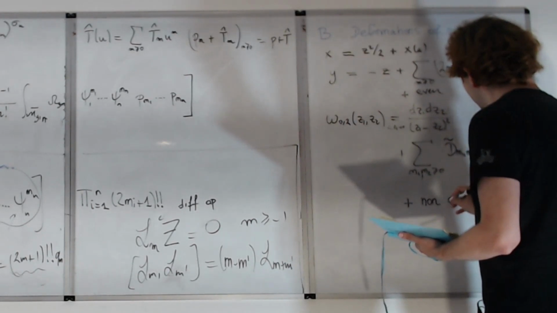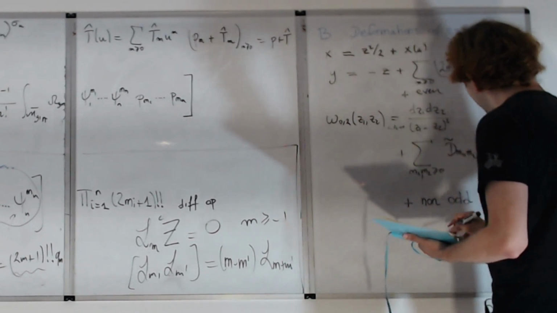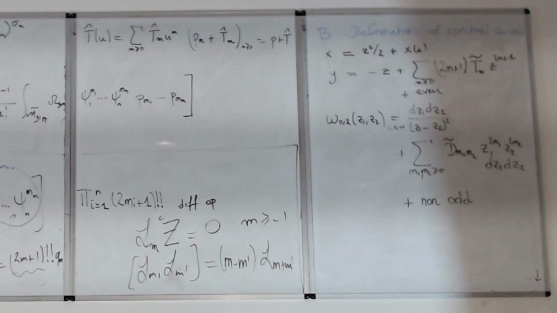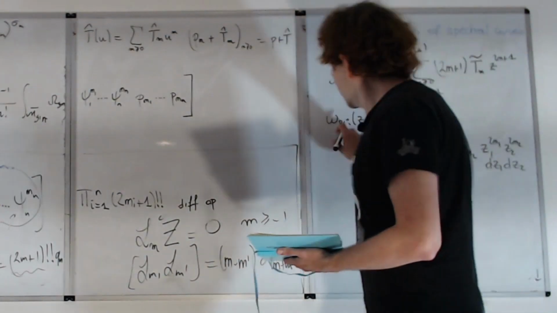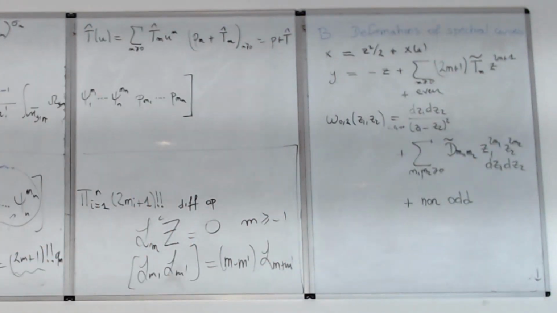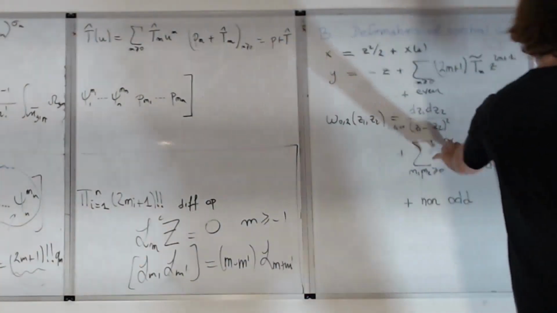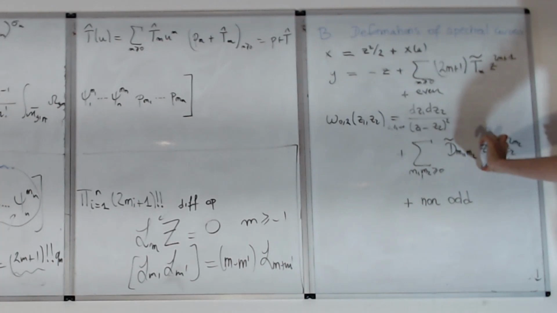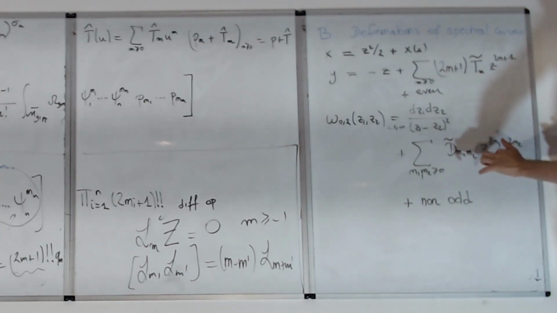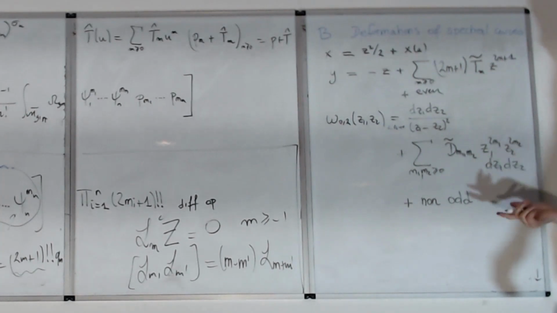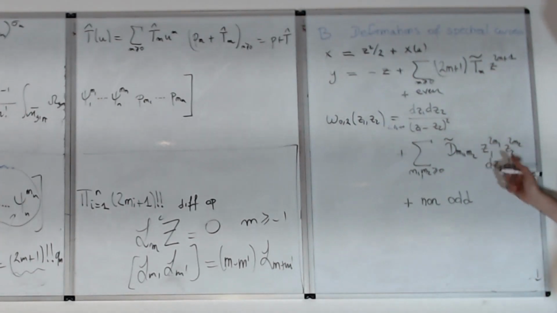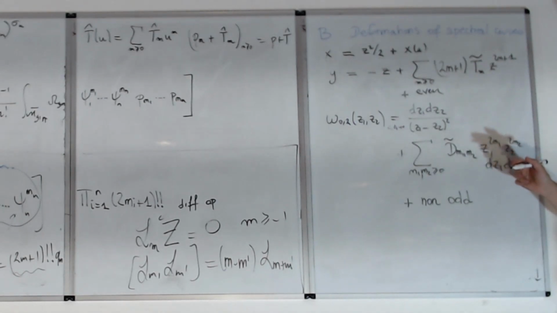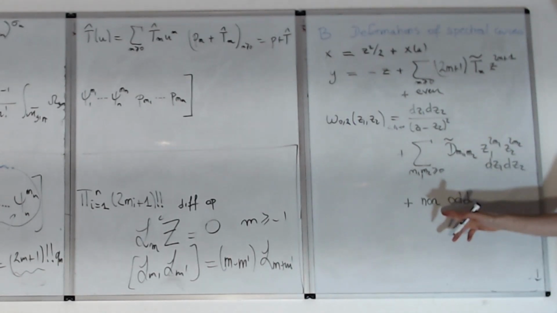And so here I will write plus a non-odd part. So for omega 0,2, it's a bit the same. What is really important is the part which in each variable is odd. So z to the 2m times dz, this is odd. And then you could have terms where either z1 or z2 has even terms, or both of them are even. That's what I call non-odd.